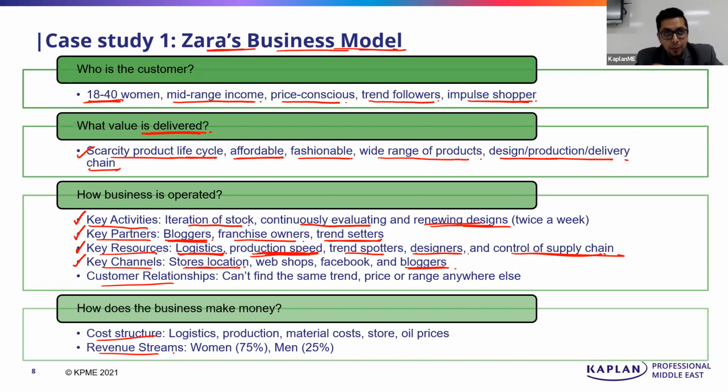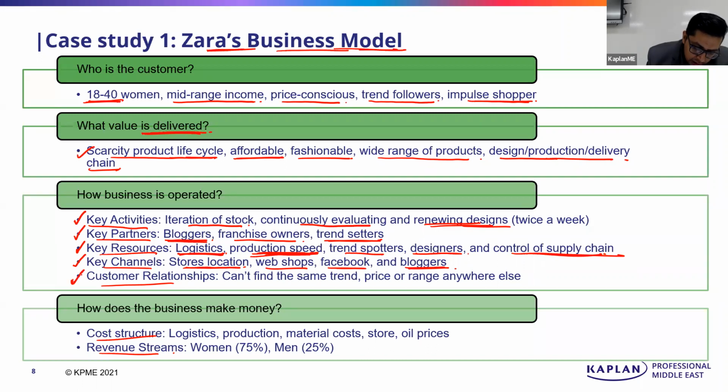Because these are prime locations, the customer traffic will be very, very high. And that again helps Zara over here. Then obviously they have their own website, web shops, and they also promote their products on Facebook. So these are key channels through which they reach out to their customers.